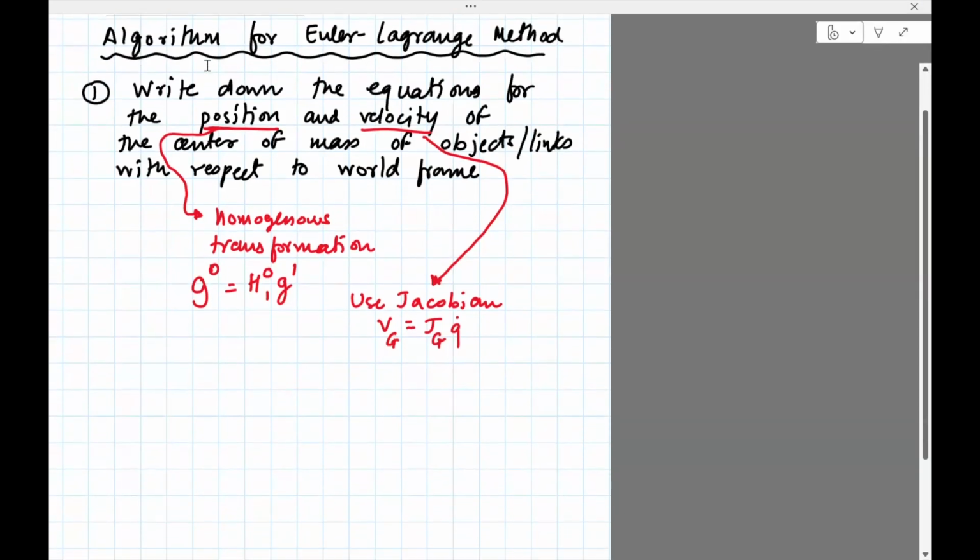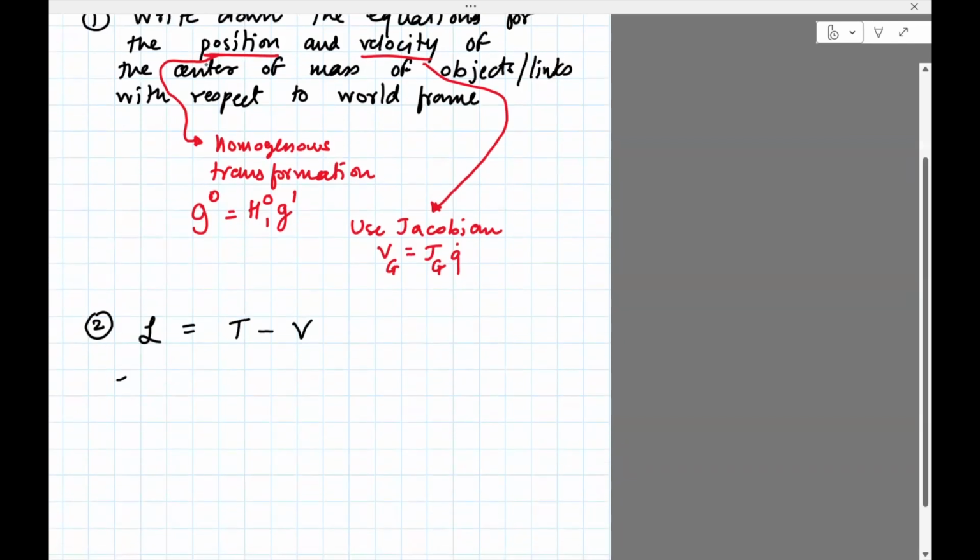The second step is we compute a special quantity called the Lagrangian. It is given as T minus V. L is the Lagrangian. It is composed of T, which is going to be the kinetic energy.